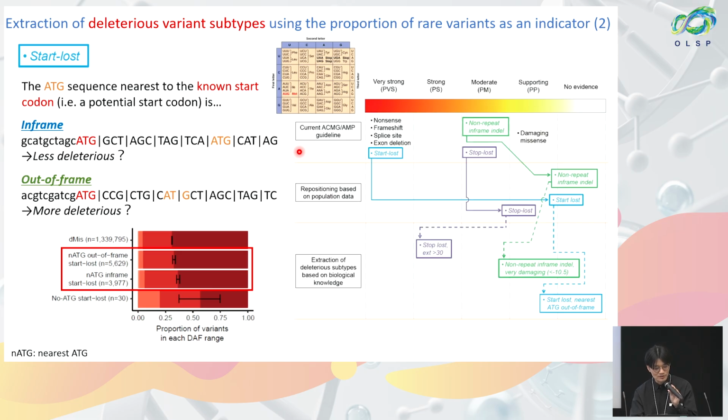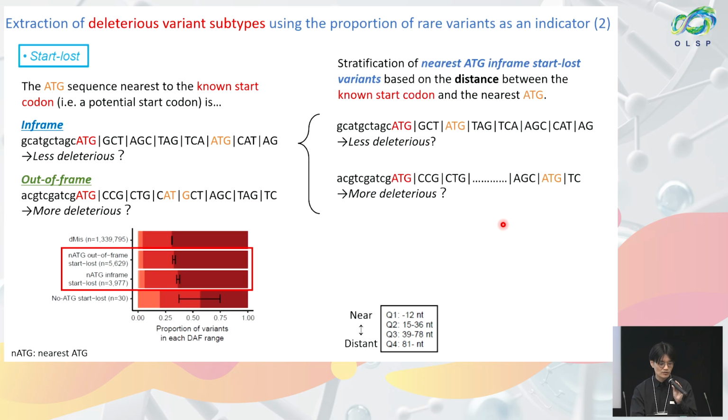Next, we can further extract the subsets of start lost, stop lost, or inframe indel variants that are enriched for deleterious variants. And for start lost variants, we further tried to stratify these nearest ATG in-frame start lost variants based on the distance between the known start codon and the nearest ATG, expecting that when the next ATG is close to the known start codon, this might be less deleterious.